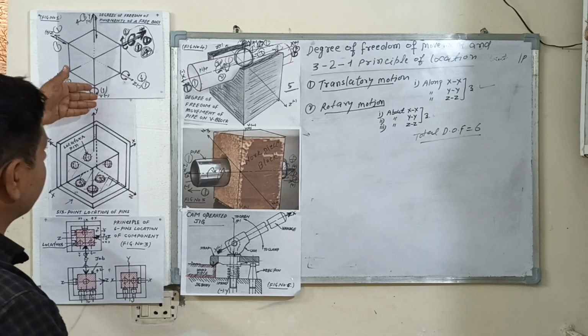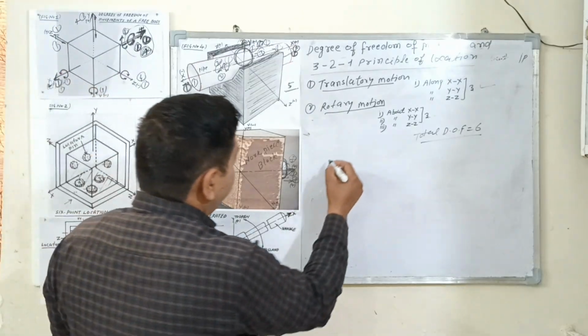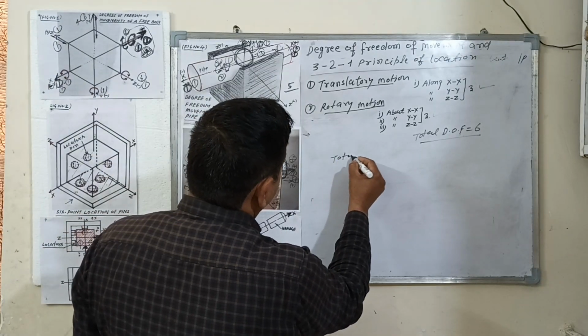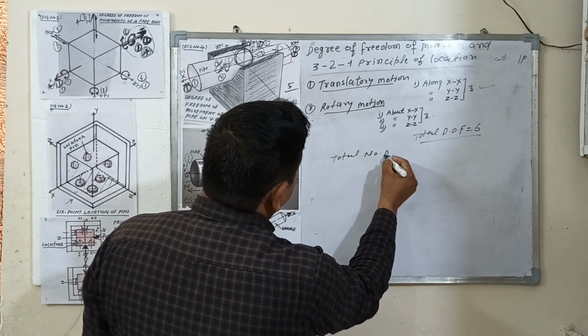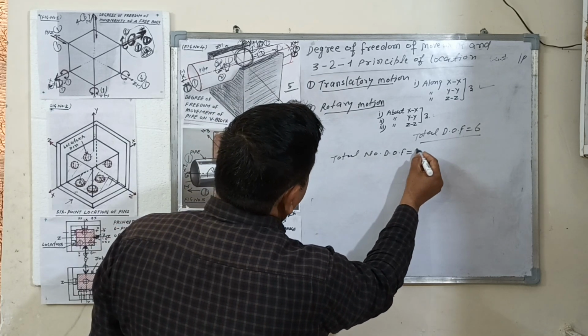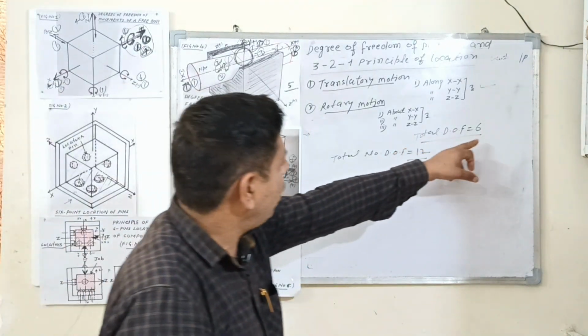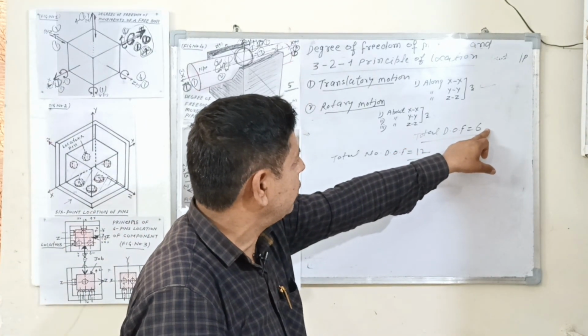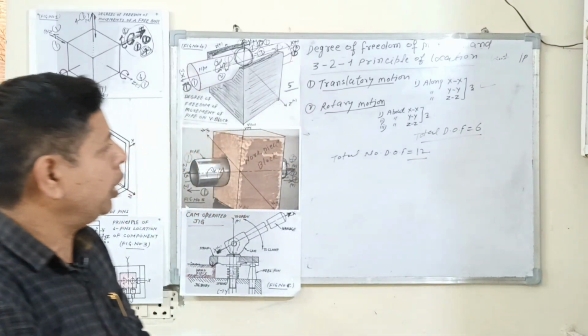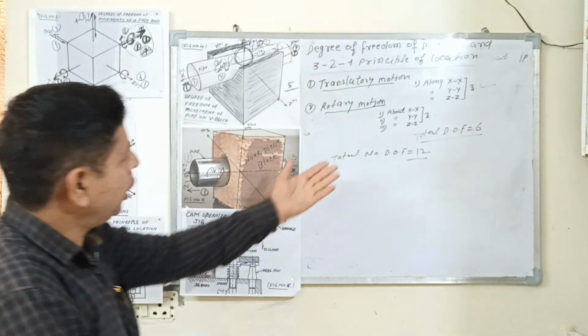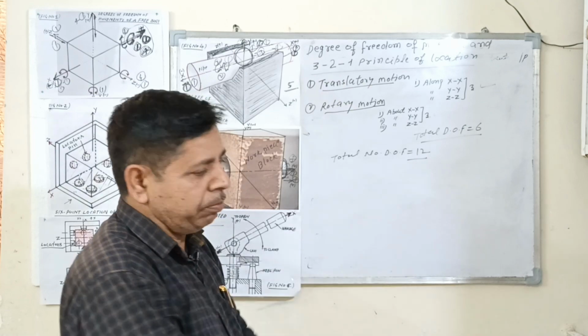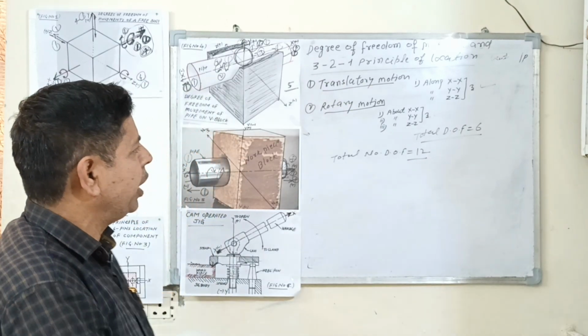So the total number of degrees of freedom is equal to 12. The total of 6 degrees of freedom is generally used in theory of machines. The total of 12 degrees of freedom is used in production engineering.